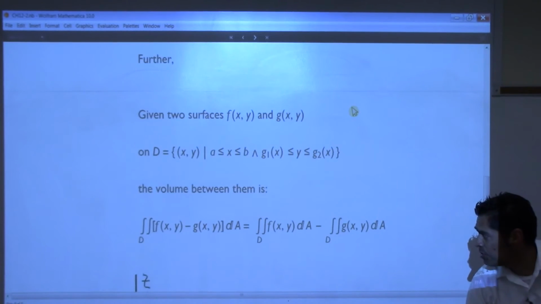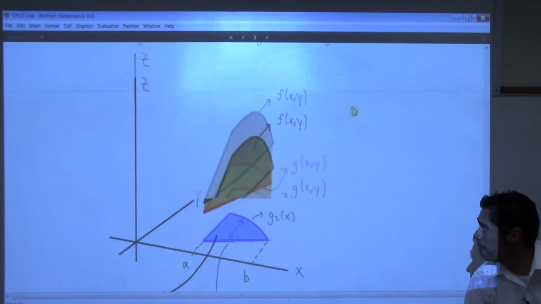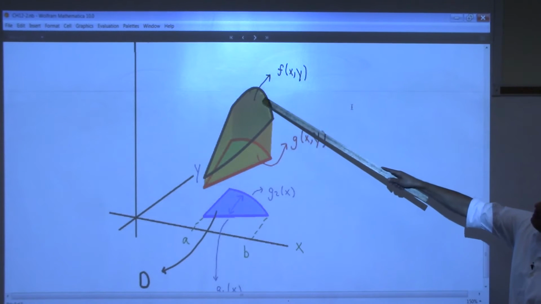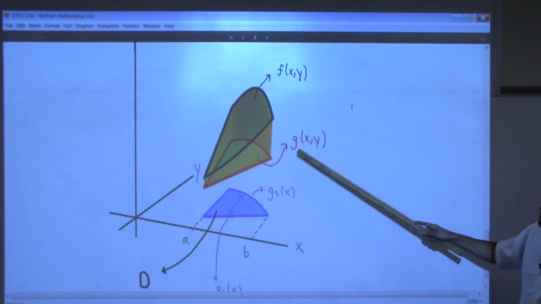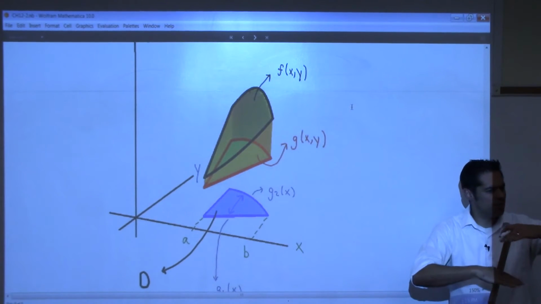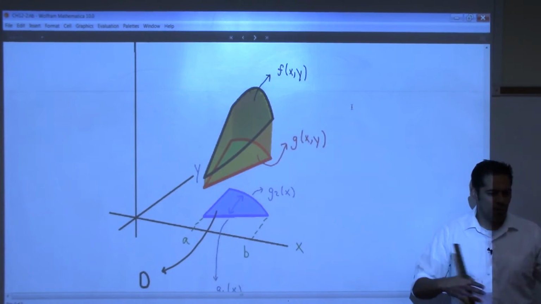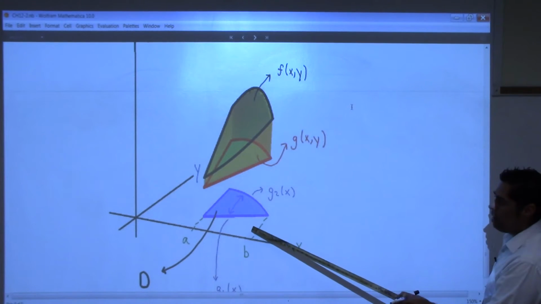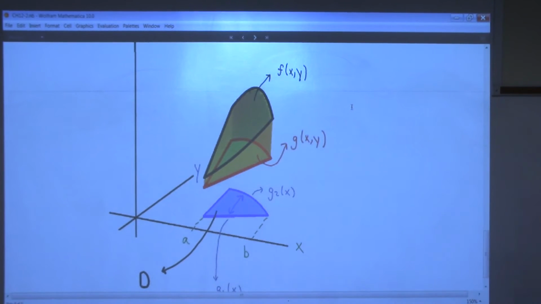If we have two surfaces, so now we have some surface f and then some surface below it g, and we want to know the volume between them. We said last time you just subtract the two, right? But that was over a rectangle. Here we can do the same exact problem but over a type 1 region. Can you all see that that's a type 1 region?